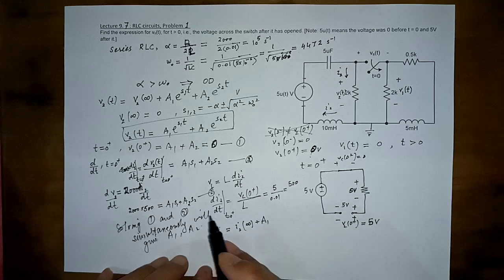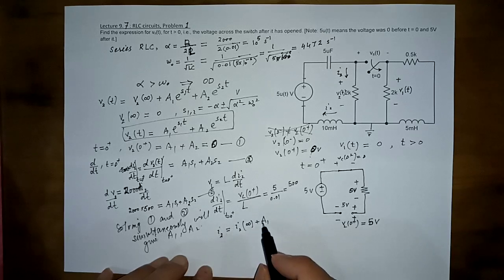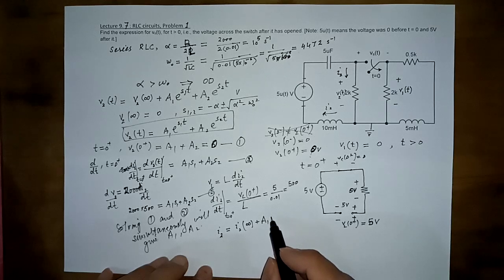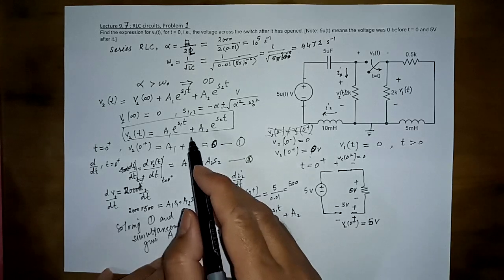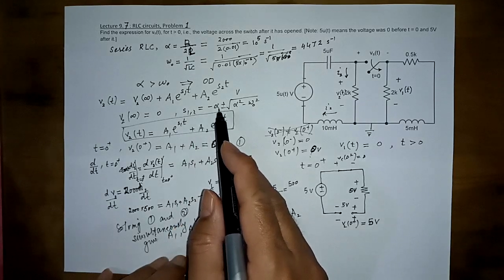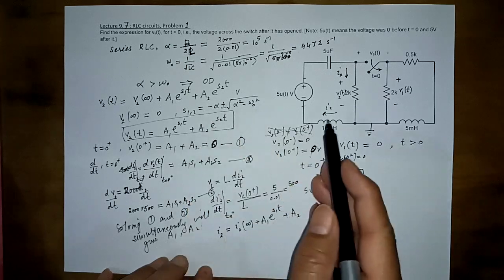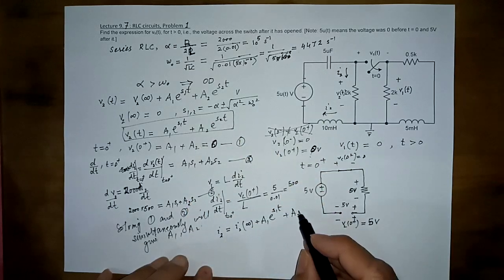Now this value will be different from that A1. This is for I2. It will be a different constant. We can call it B1 here, it doesn't make a difference. However, this S1 and S2 will still be the same because S1 and S2 depend on alpha and omega naught, and they are not dependent on whether you are taking I2 or V2.